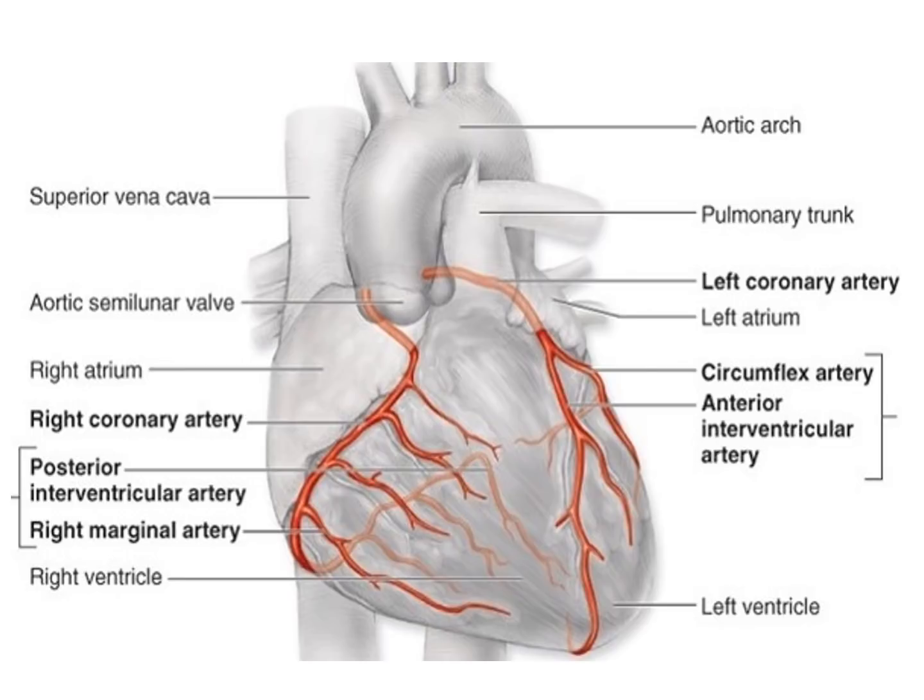In terms of the anatomy here, the arteries that I want you to know and understand where they're going are the right coronary artery, and then the left coronary artery dividing into the circumflex artery and the anterior interventricular artery, sometimes also referred to as the left anterior descending artery.